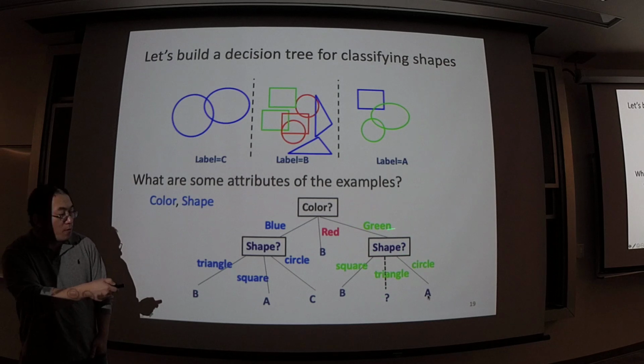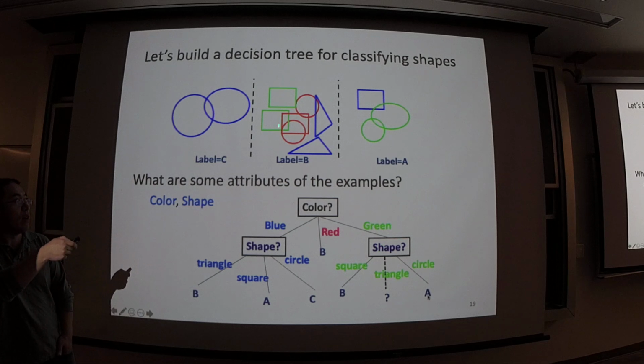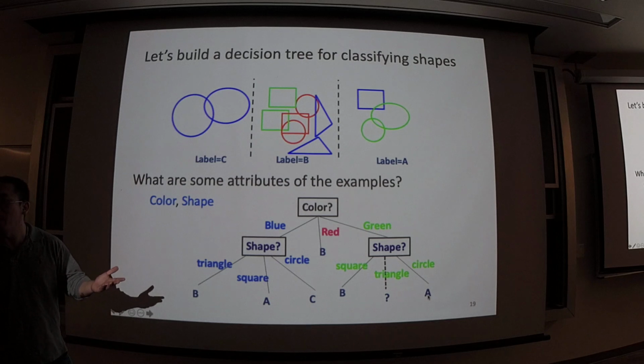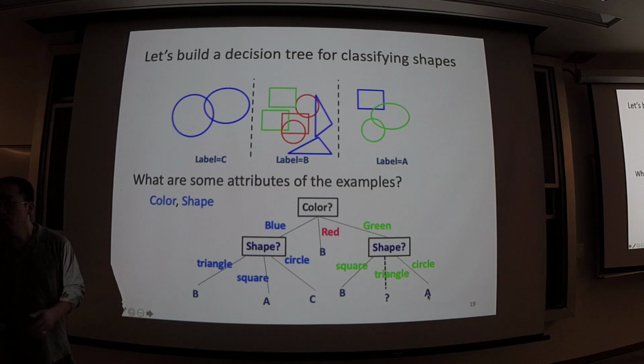This subset corresponds to all green instances. For all green instances, we have 2 label B instances and 2 label A instances. The most common could be B or could be A. You can choose either of them.